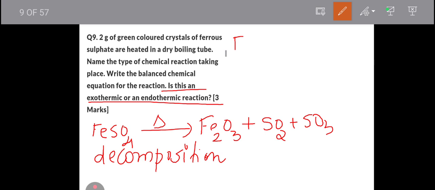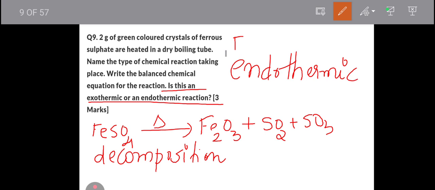So this reaction takes place by the absorption of heat energy. So once the heat energy is absorbed and a reaction is taking place, we can call it endothermic. So this reaction is an example of an endothermic reaction.